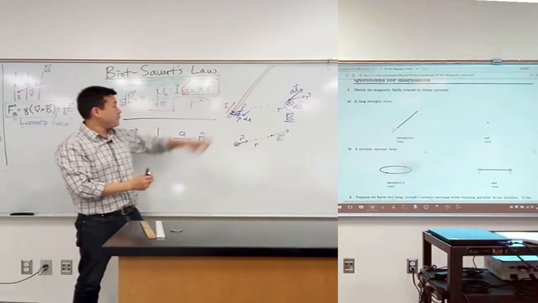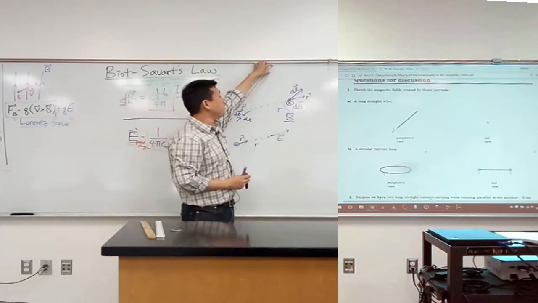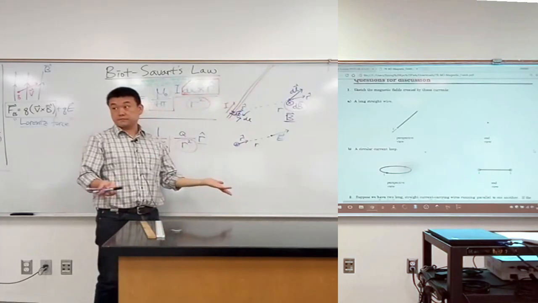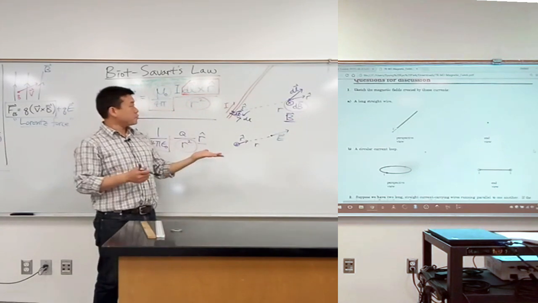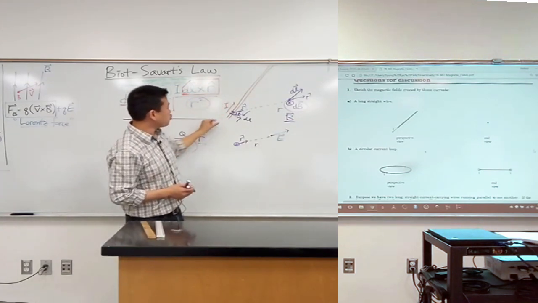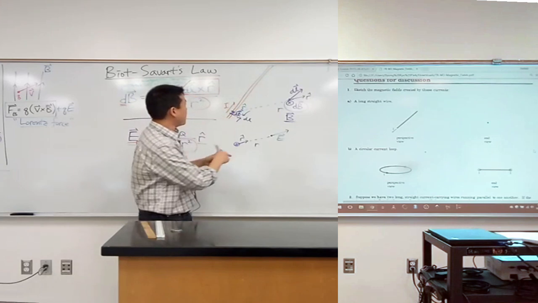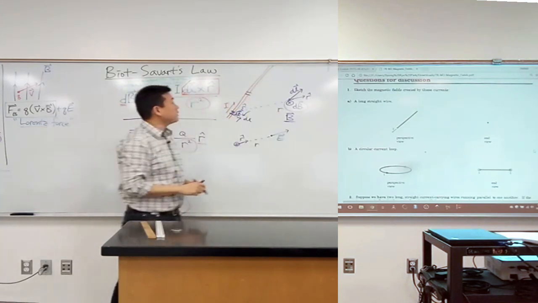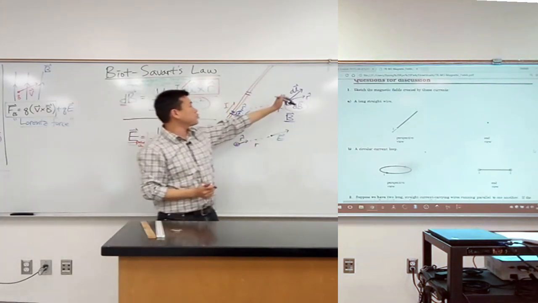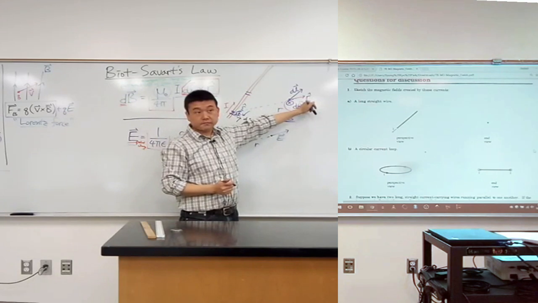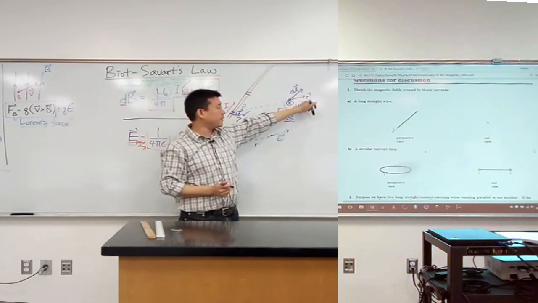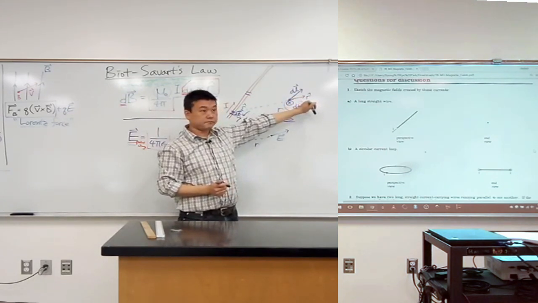What would I get if I add up all the contributions from nearby currents? So that's what I want you to imagine. For this straight wire, as I look at different segments of the wire, which of these two vectors are changing, dl or r hat? r hat is changing, right?